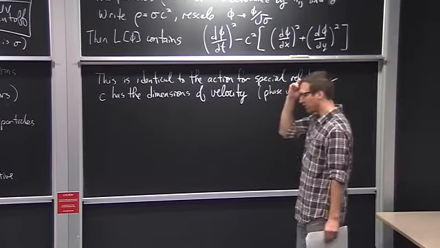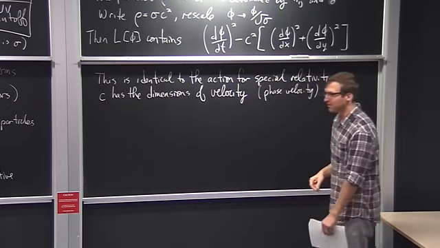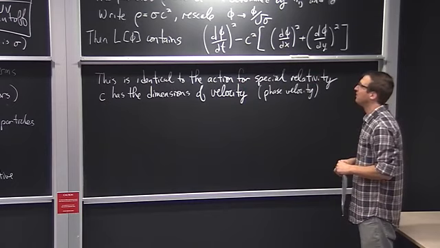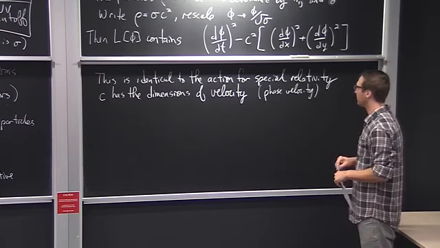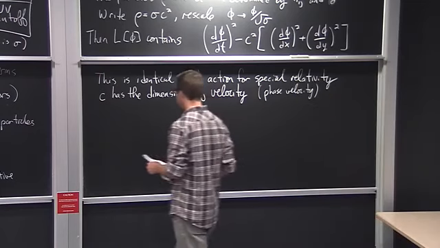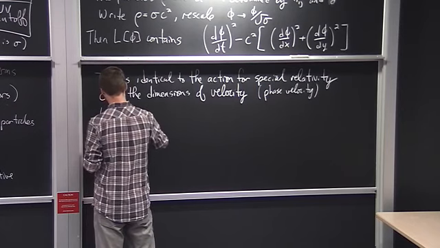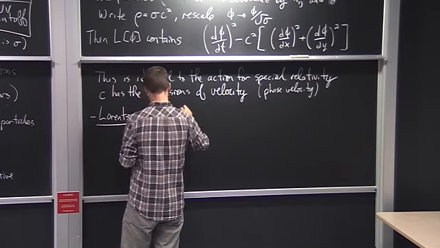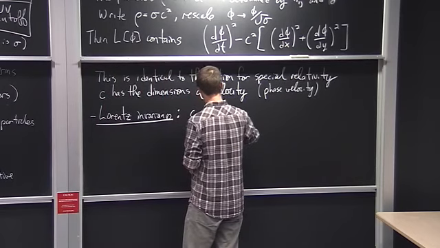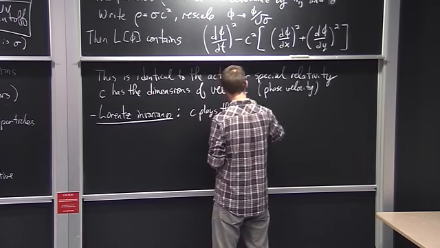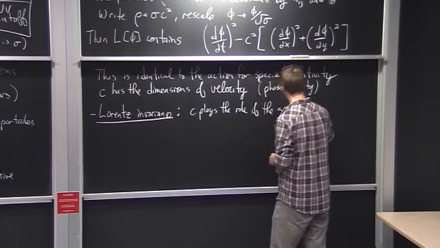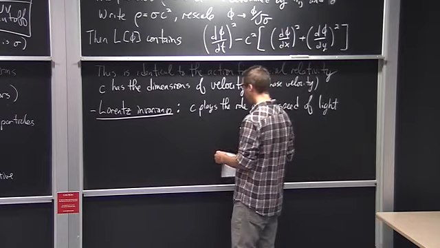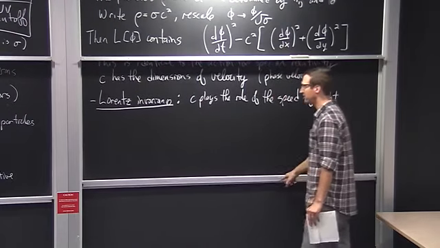Part of what we're doing in this class is trying to develop basic literacy in some of these field theory concepts, and this is one important one: this idea that you have this emergent Lorentz invariance. So the Lorentz invariance is just built into the system.